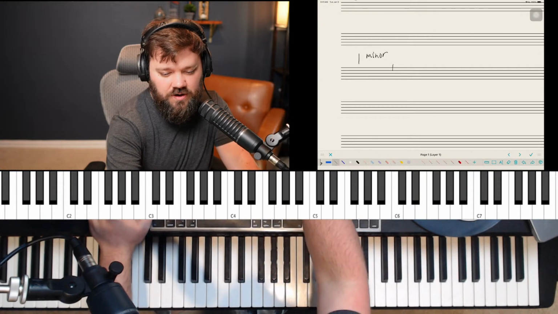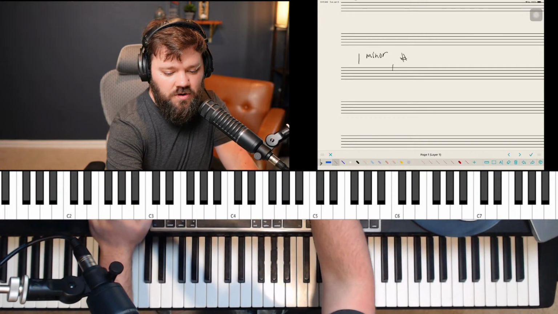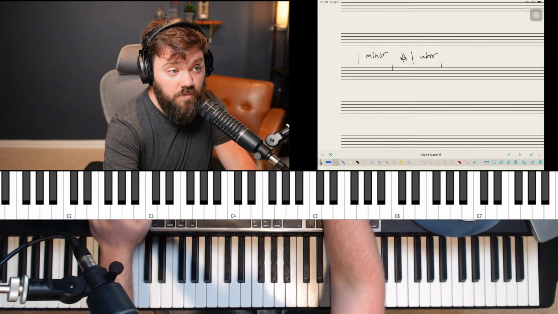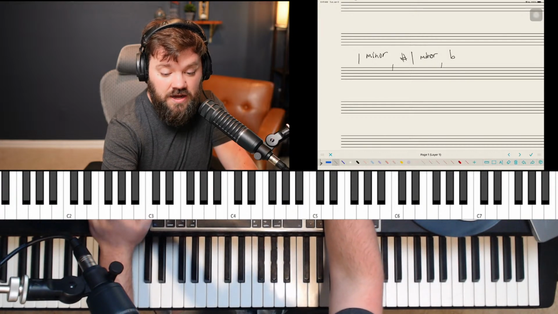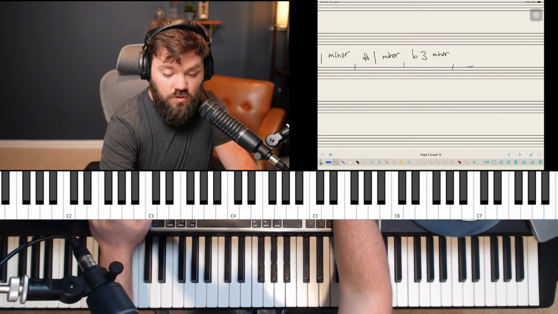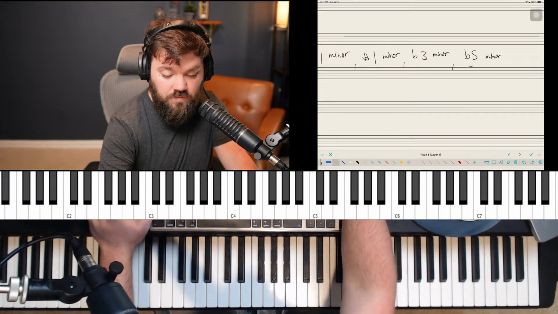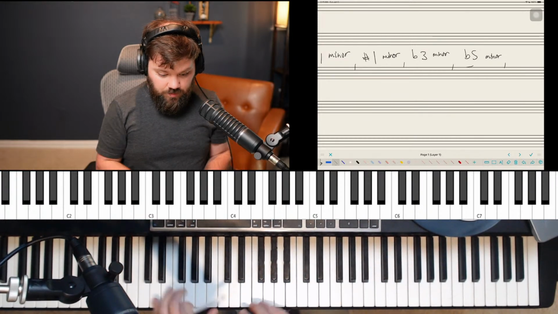It's usually how I think of it. It could also be flat 2 minor, but for a lot of keys, sharp 1 makes more sense. We have the sharp 1 minor. We have the flat 3 minor. We have flat 5 minor. And then, am I missing any?